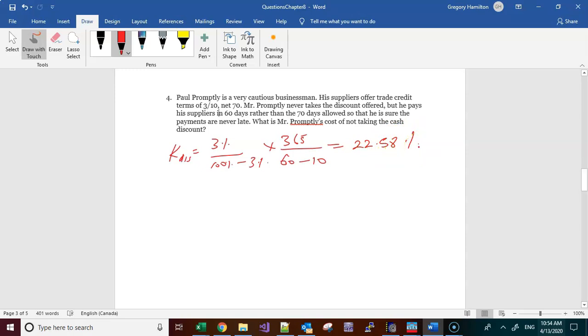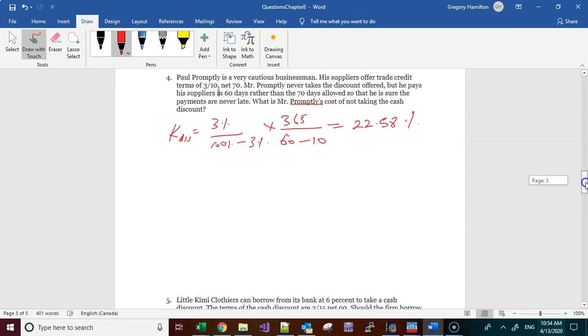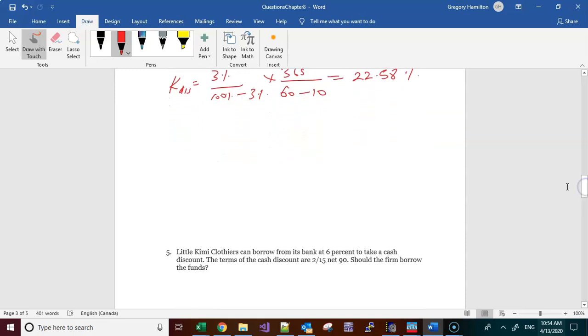So that's the cost of him not taking the discount, because he is also not taking the entire time. Hence we cannot use 70, which would reduce his cost. We have to use 60, which means that he is actually paying more for this loan.